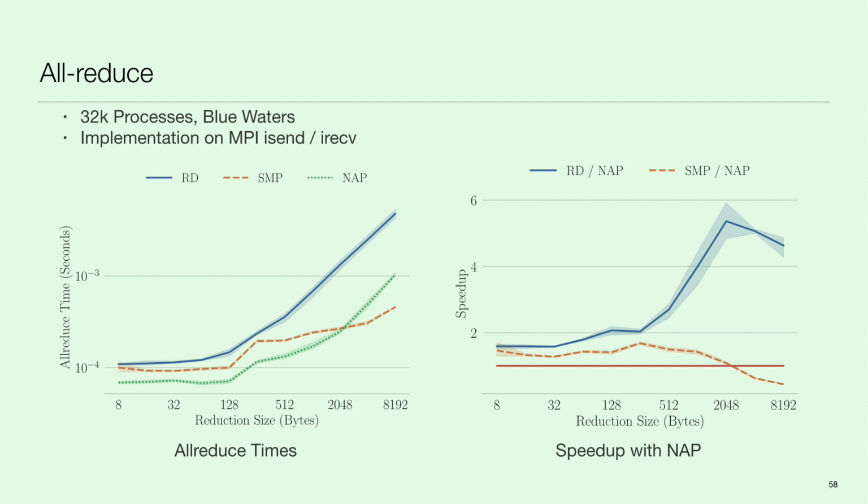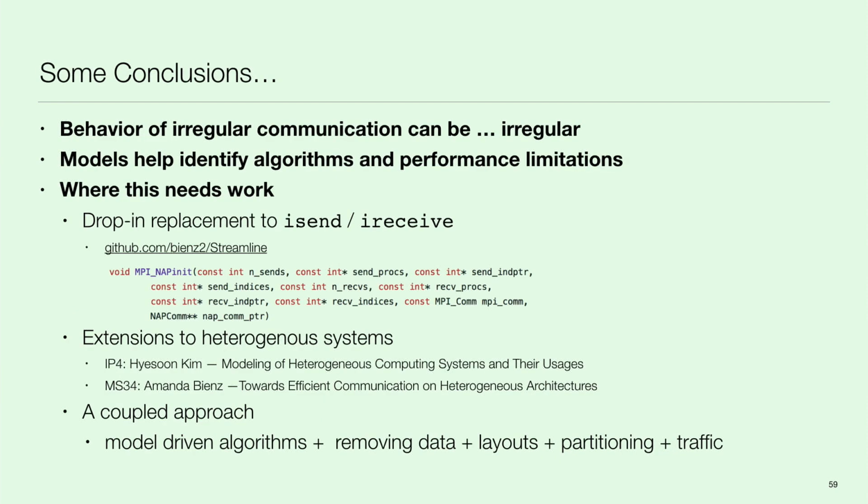One notable comment about these plots: we implemented this on top of the MPI iSend and iReceive. We have some comparisons with the actual MPICH implementation in the paper, but getting these algorithms closer to the implementation will be necessary to have kind of optimal times.